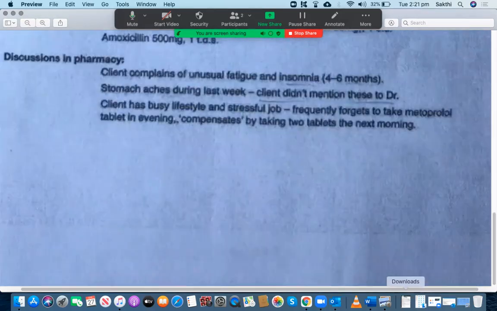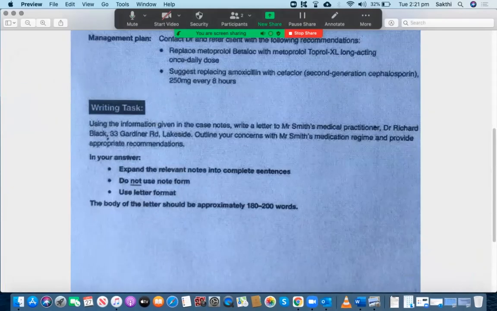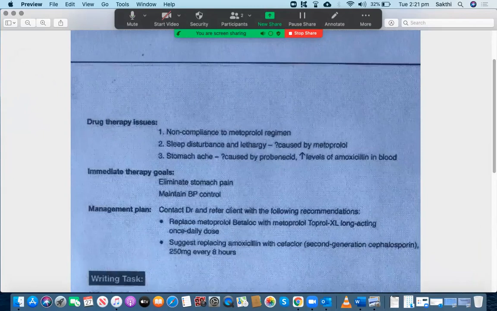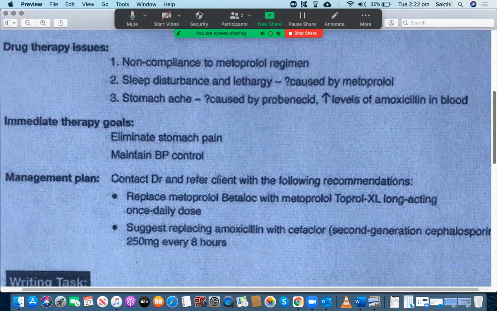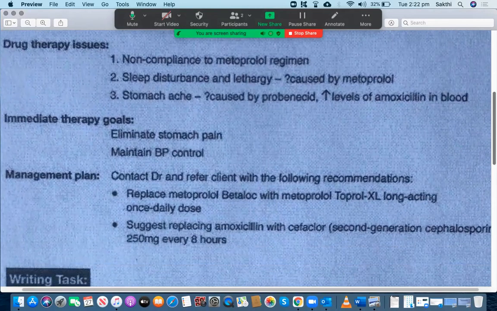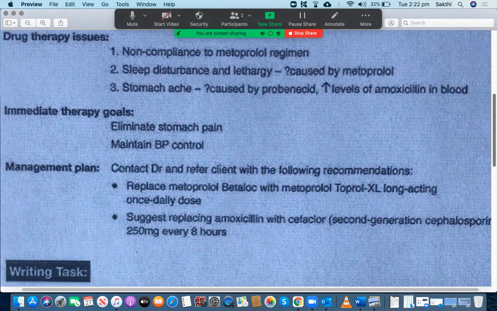Let me go to the next page. All right, this one. Drug therapy issues: non-compliance to metoprolol regimen, that's okay. Sleep disturbance and lethargy caused by metoprolol, that's okay. Stomach ache caused by probenecid, increased levels of amoxicillin in blood.